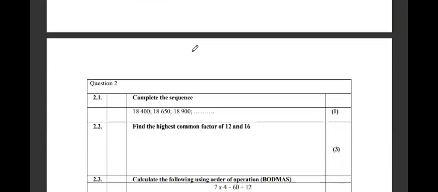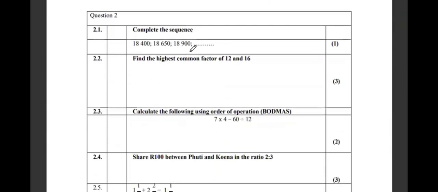Then we move on to question number 2. They want us to complete the sequence. What is happening with this sequence? So you're seeing that everything just starts with 18, okay, so I'll ignore that 18. Then this is a 400. Then I got to 650, meaning that I'm adding 250 there.